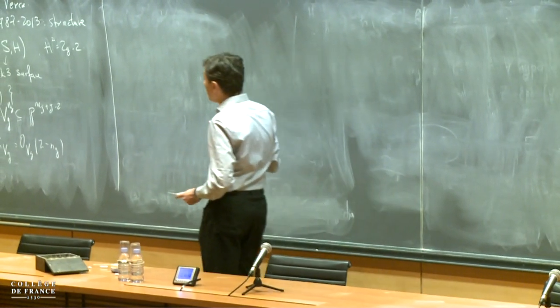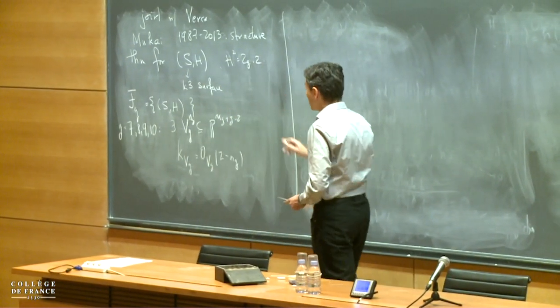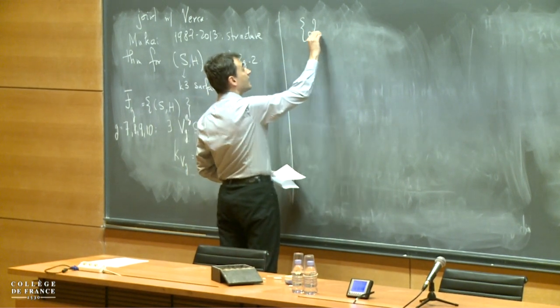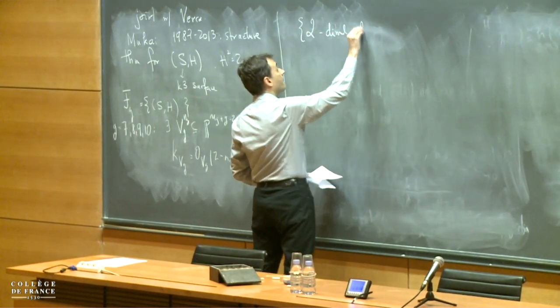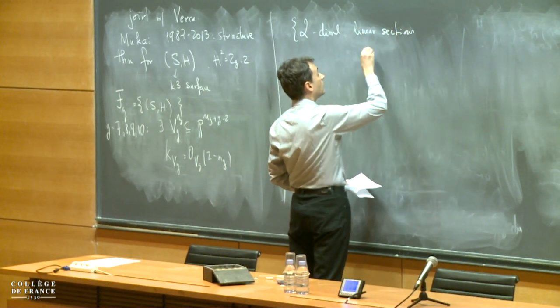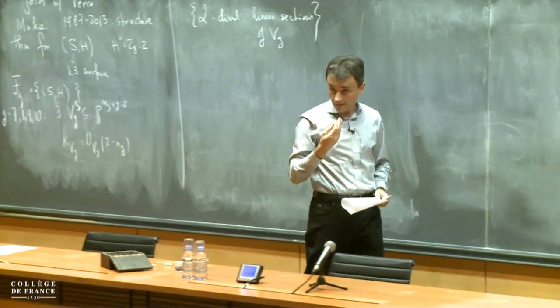Now the main point is that if you look at two-dimensional linear sections of V_G, well then of course it's easy to see that you get K3 surfaces.